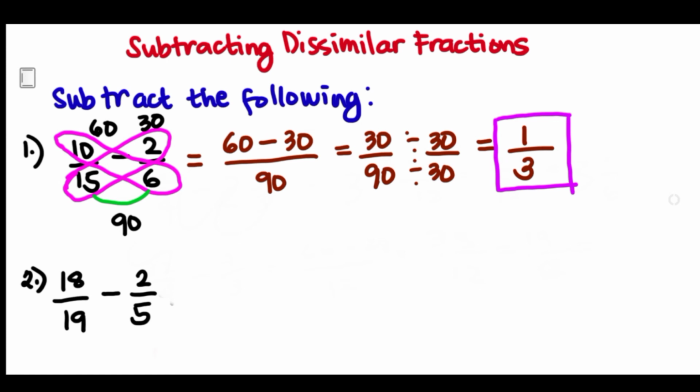Let's have another example. Number 2, 18 over 19 minus 2 over 5. So, butterfly method ulit yung gagamitin natin. So, multiply na po natin yung mga nasa wing. So, 19 times 2 is 38. 18 times 5 is 90.